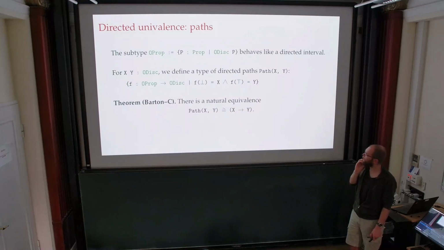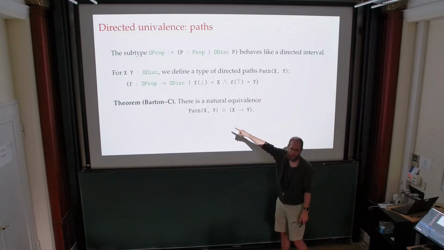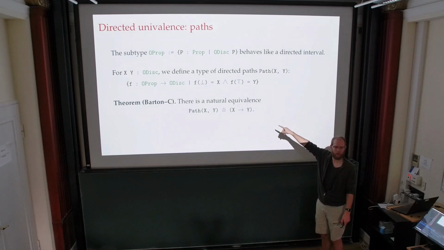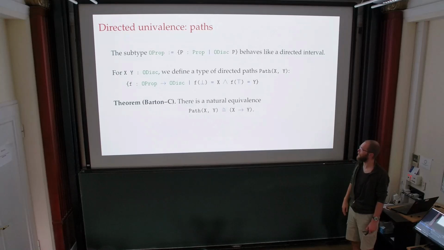And then our theorem is that this collection of directed paths is actually naturally equivalent to the function type from x to y. So every function from x to y corresponds to one of these paths and vice versa in a completely natural way. Okay.